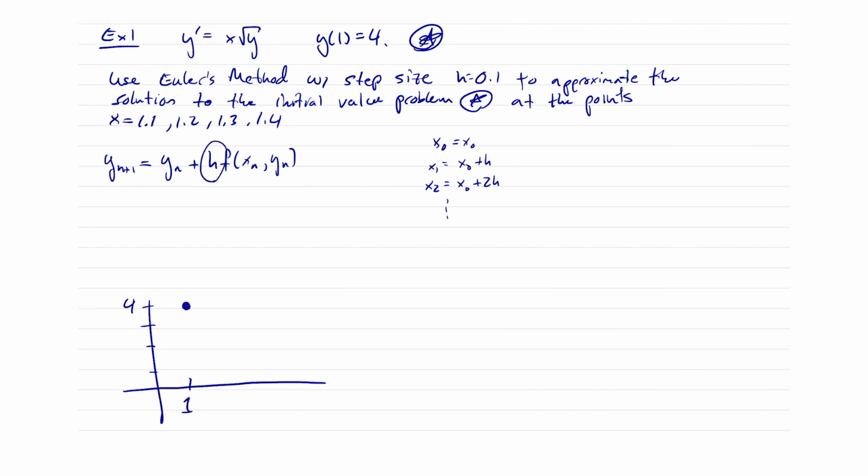We're given h, and we just find the y's one at a time and build up through this. So in this case x0 is equal to 1 and y0 is equal to 4.